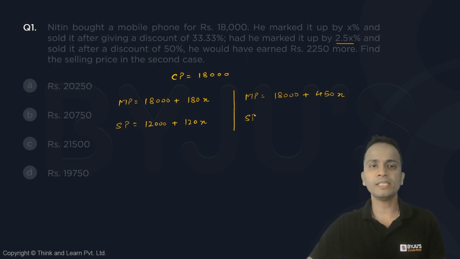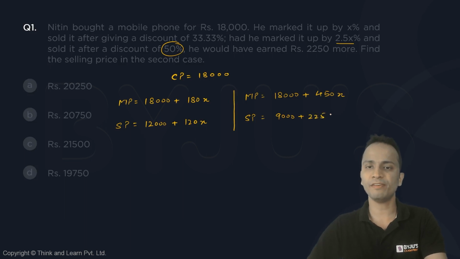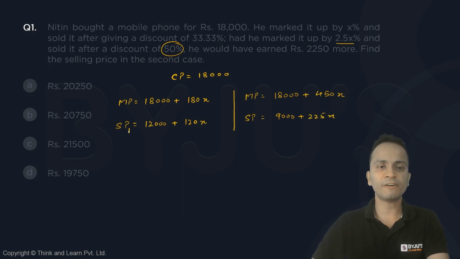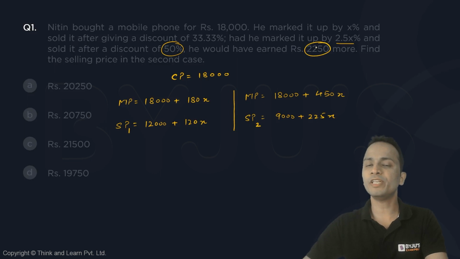Now the selling price in the second case, after giving a discount of 50%. So 50% is the discount, so the selling price will be half the market price. So it will become 9,000 plus 225x. So that is the selling price in the first case and the selling price in the second case. Now in the second case, he has earned 2250 rupees more.